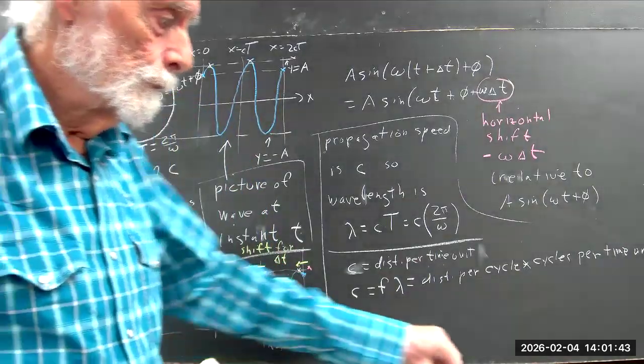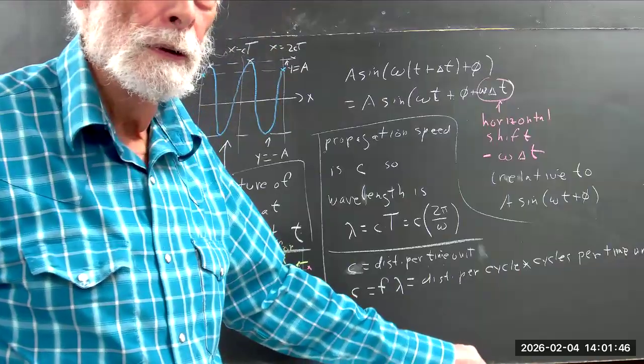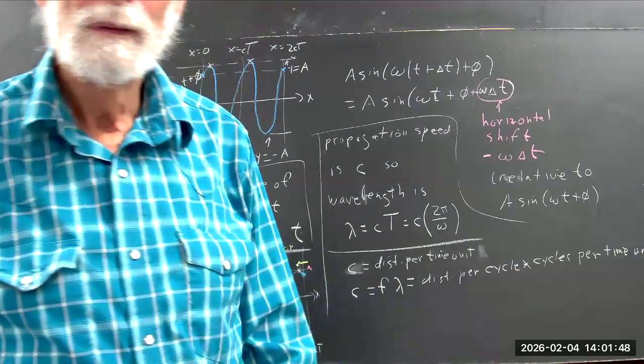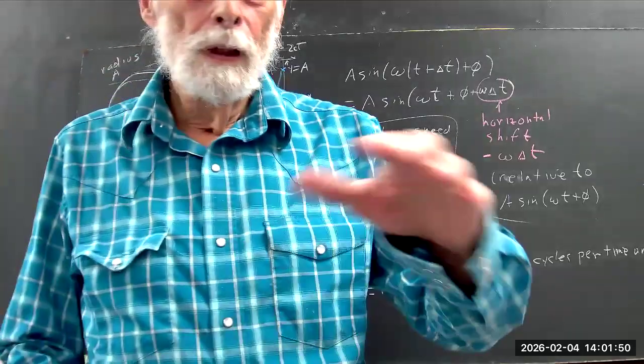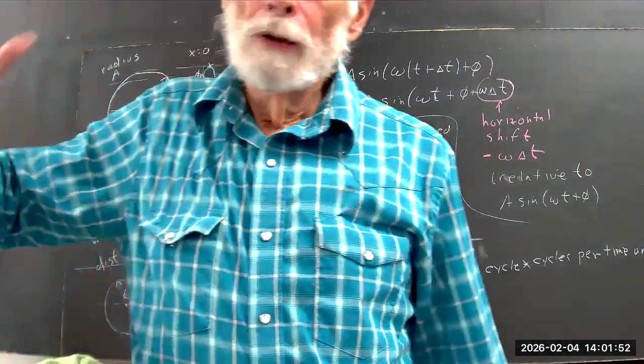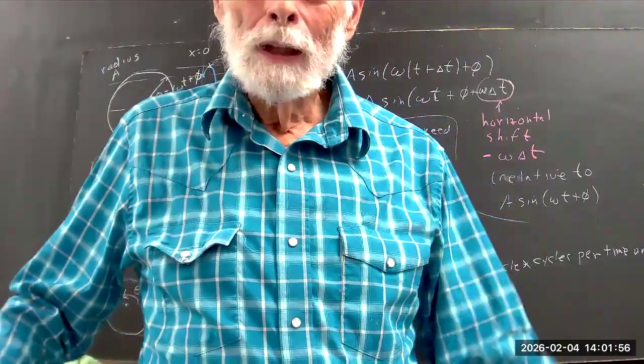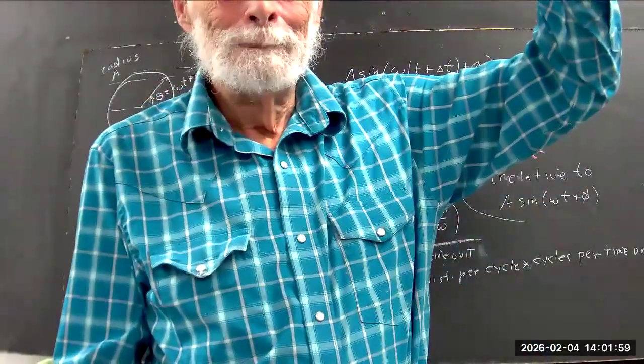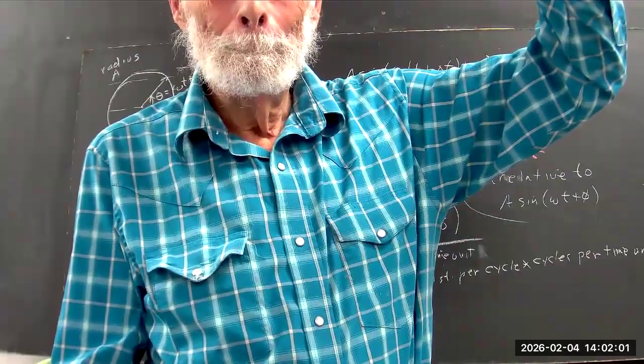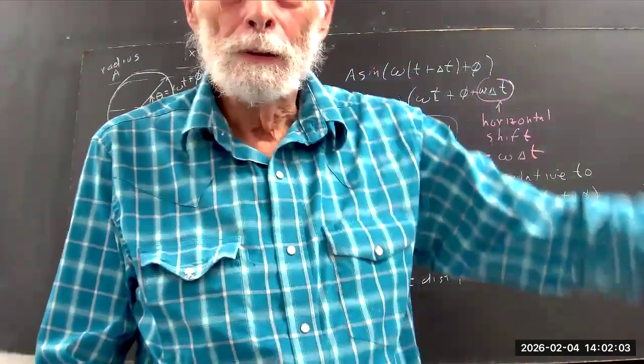Now, how does a rogue wave in the ocean occur? Well, you've got one set of waves created by this storm over here. And that storm creates waves this high. So it's like this.